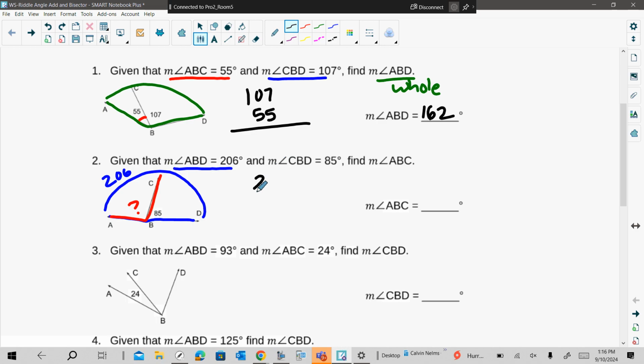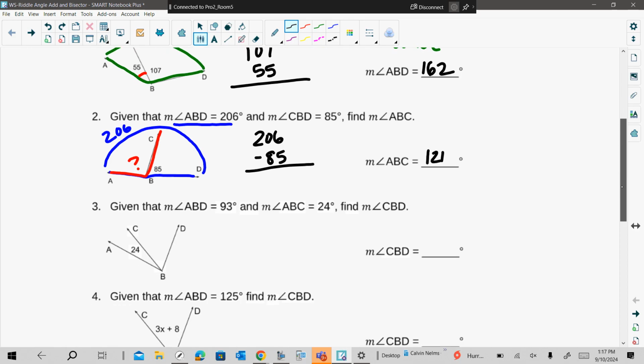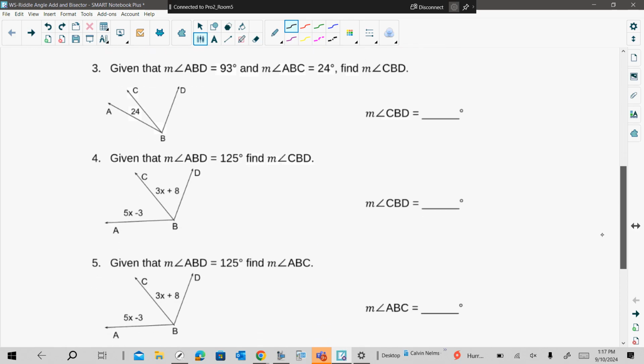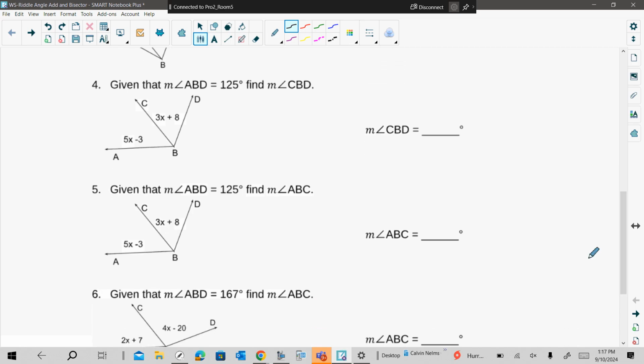Subtract. You're doing 206 minus 85. So we are doing basic computation, and then when we get to number 4, pay attention to what they give you.